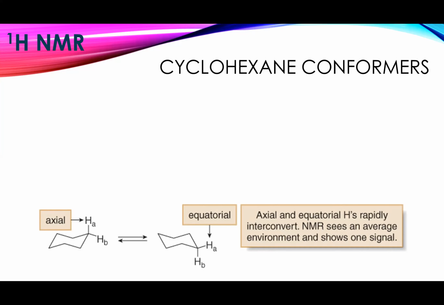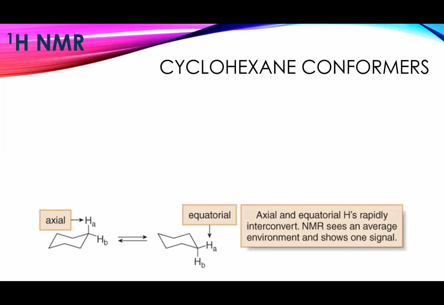Now, if there is something on the ring that is forcing only one chair conformer to exist, so you may remember when we did the example of methyl chloride and neomethyl chloride, that I believe it was the methyl chloride, really only had one valid conformer.